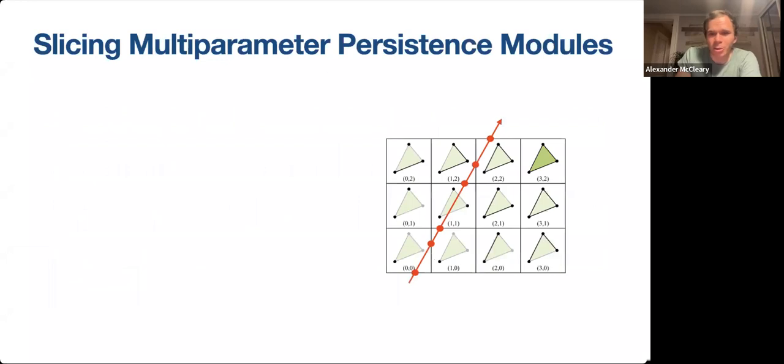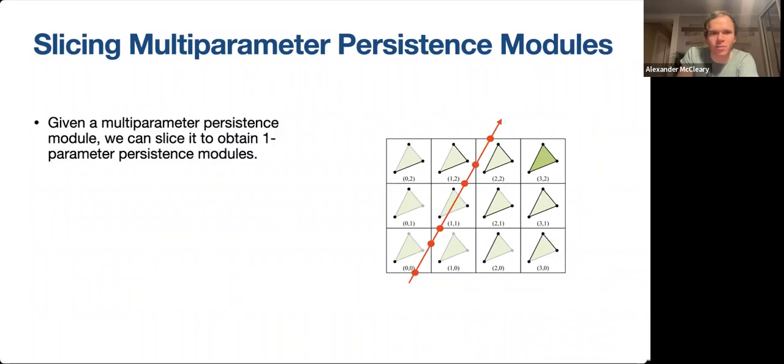Okay, and now there's perhaps a slightly easier way to think about the rank invariant, which is as sliced multi-parameter persistence modules. Really we're looking at this multi-parameter filtration, but applying homology, we get a multi-parameter persistence module. The idea is we're just going to slice this. Imagine this red line here, and imagine we just restrict our multi-parameter filtration to this red line. What we'll get is just a one parameter filtration.